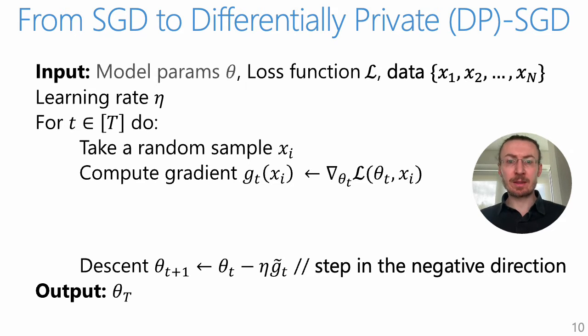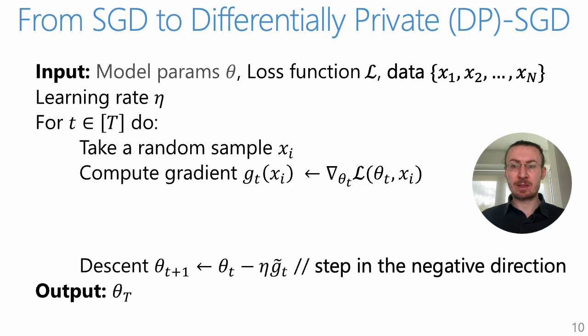And to start from the beginning, we have as input a model with parameters theta. We define some empirical loss function here, L, and we have some data points for training from x1 to x sub n. And also during learning, we use some learning rate, in this case being eta. So we consider T training rounds.